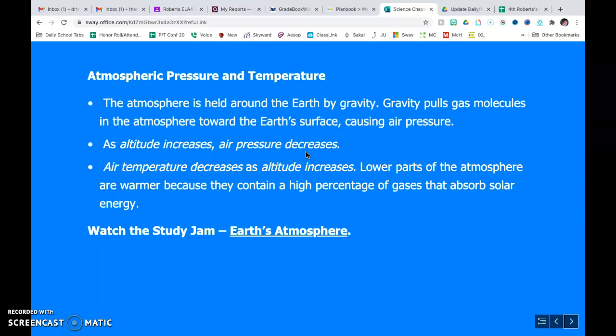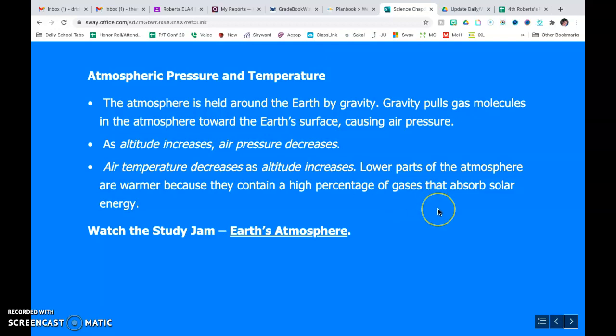So as you go up, the air pressure goes down. Air temperature decreases as altitude increases. So just the opposite here. As you go up in altitude, air temperature goes down. So it's not the opposite, it's the same. As altitude goes up, the air pressure and the air temperature go down.